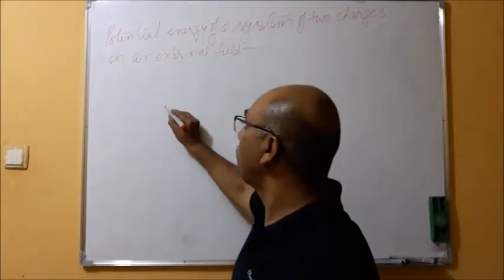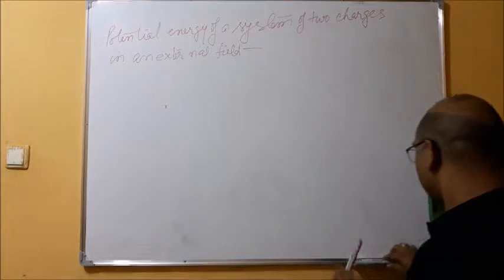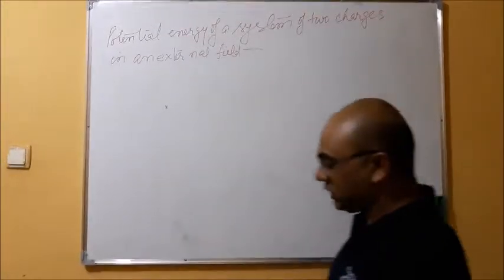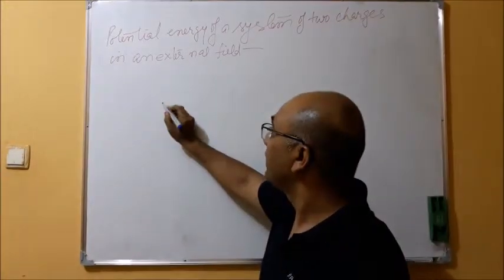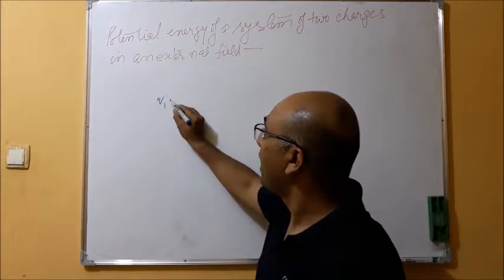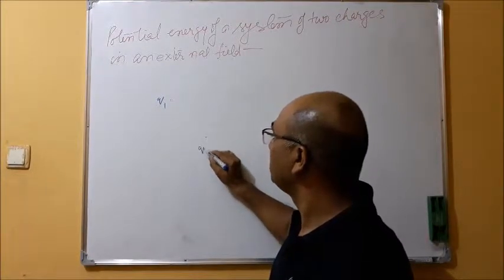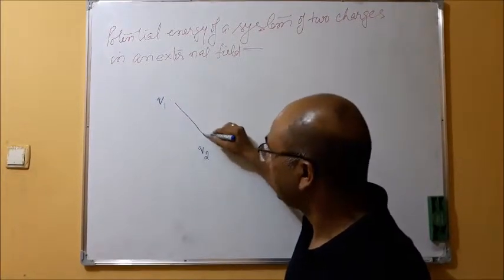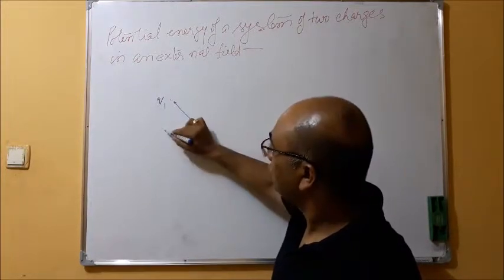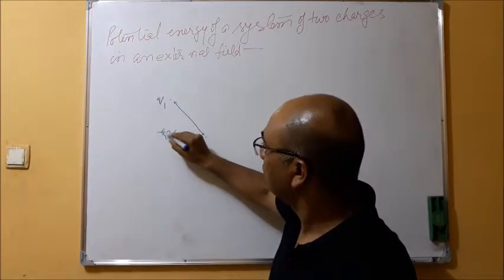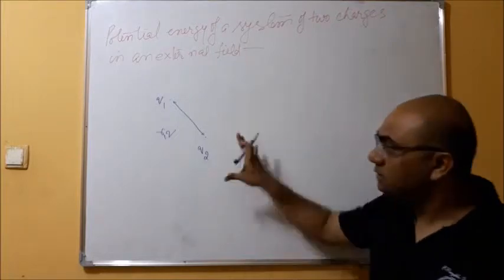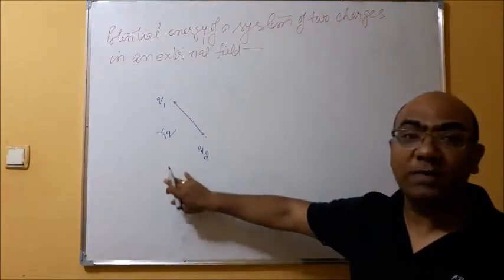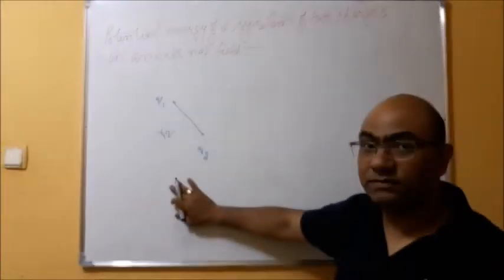Let's see. Suppose we have two charged particles, say Q1 and Q2. The distance between these two charged particles is R12, right? And these two charged particles are placed in an electric field.